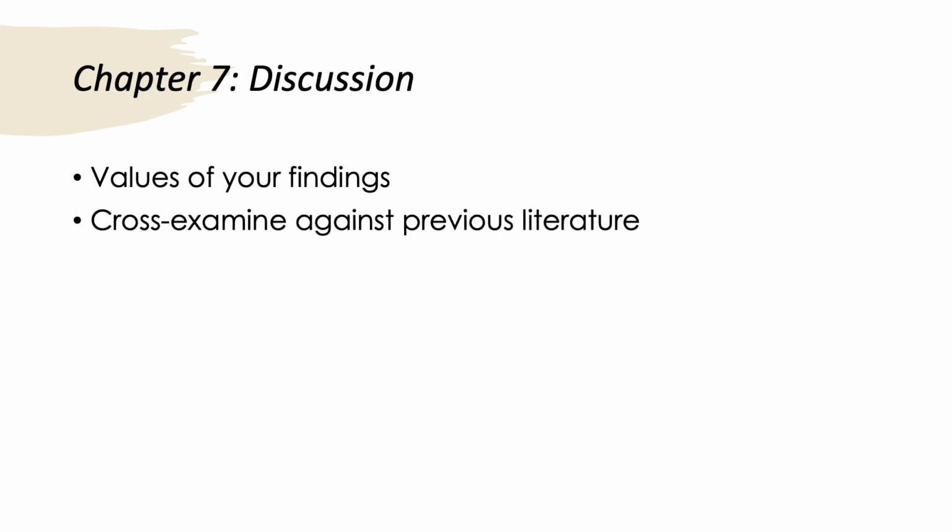Also, it is very important that you cross-examine your findings against previous literature because it helps integrate your finding into the literature so the reader knows how your research has contributed to the field overall. Is there anything new and so on? It also sheds light on validity and reliability as well.